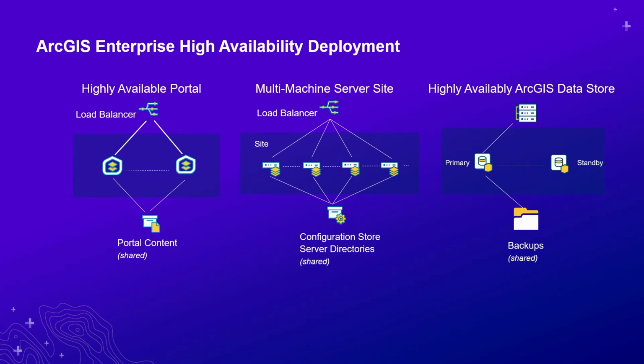Both Portal and Server require shared content directory and config store and server directories paths that are accessible by all machines. And finally, the highly available data store operates primary and standby for the relational data store and clustered for the tile cache data store starting at 10.8.